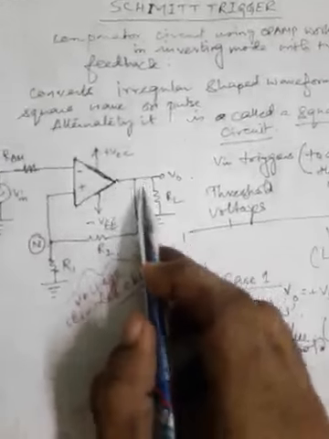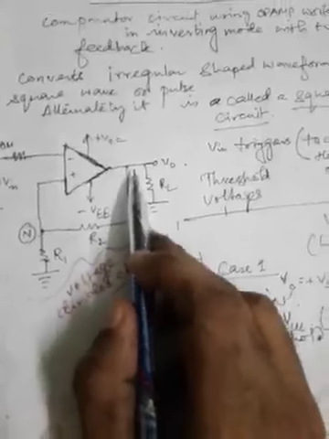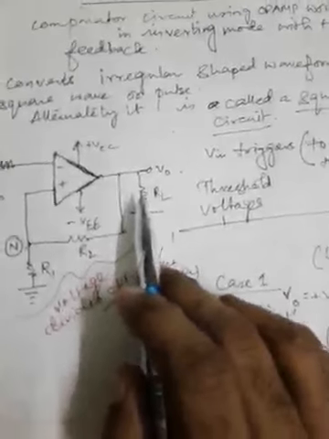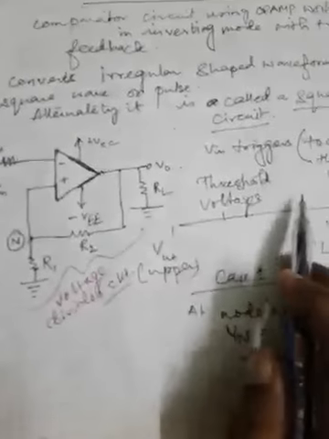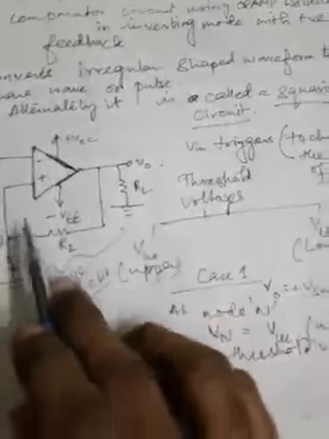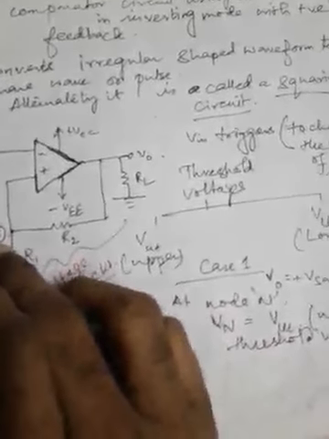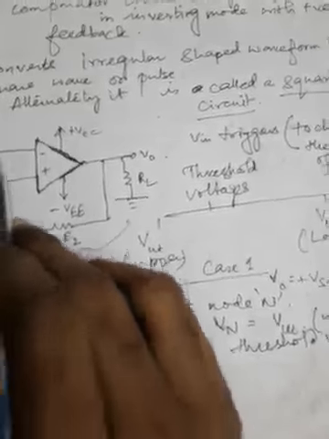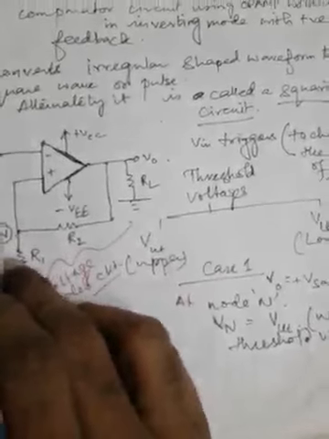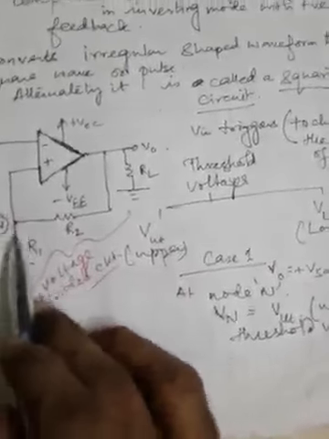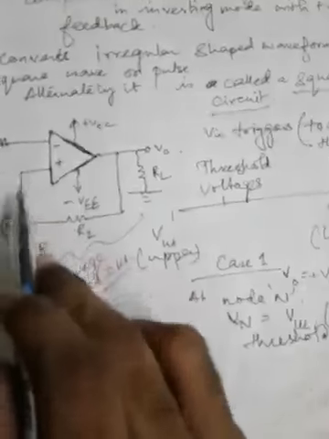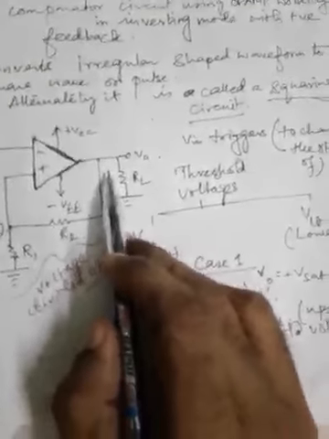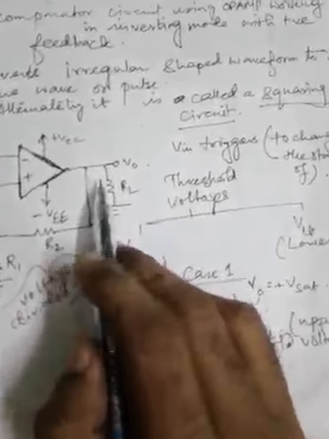So the output switches from plus Vsat to minus Vsat, and as long as Vin is less than VUT, that means the voltage at the inverting terminal is less than the non-inverting terminal, the output VO will always stay at positive saturation.